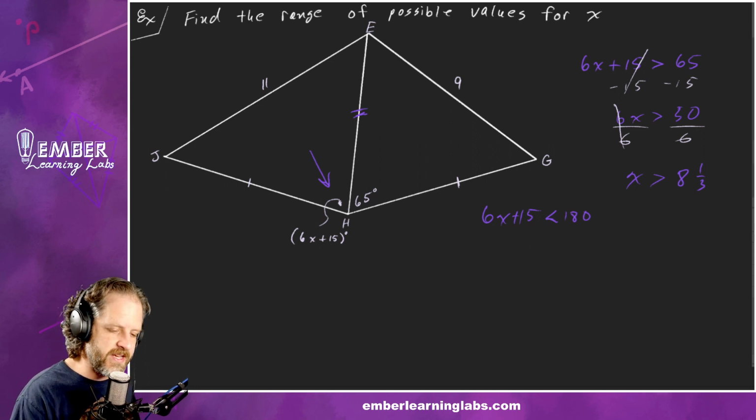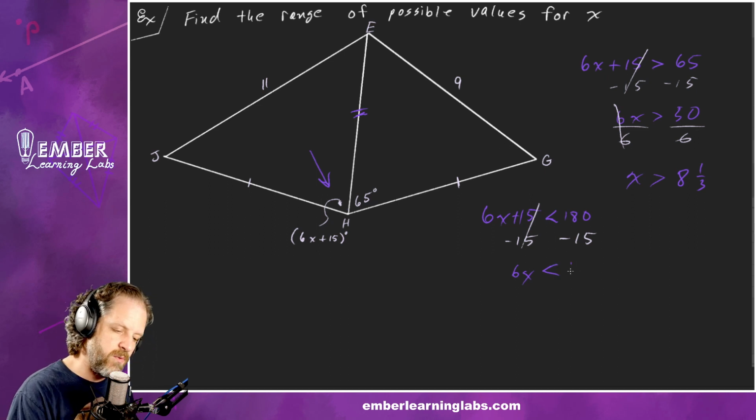So let's solve this guy for x. Let's subtract 15 from both sides. That one cancels, leaving us with 6x is less than 165. We're going to divide by 6 on both sides.